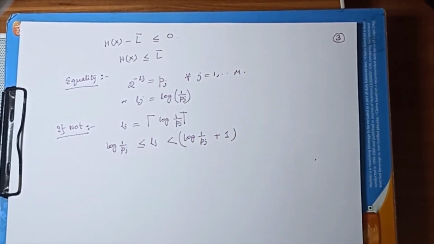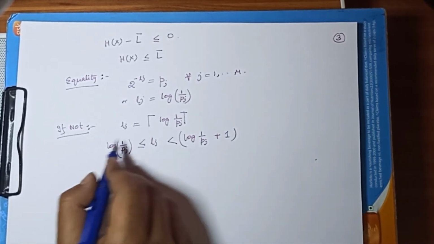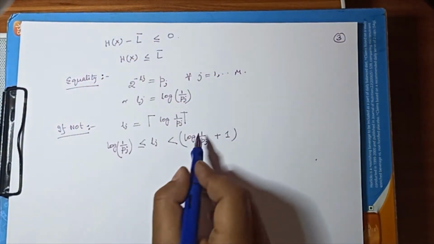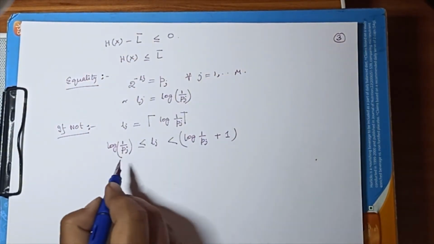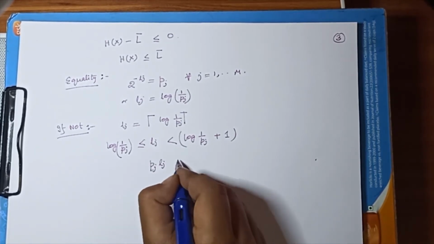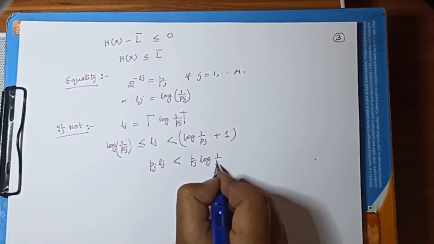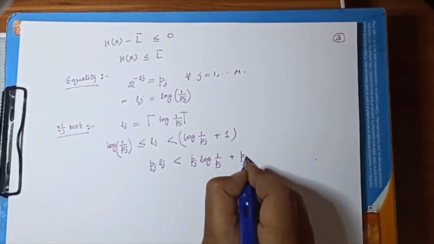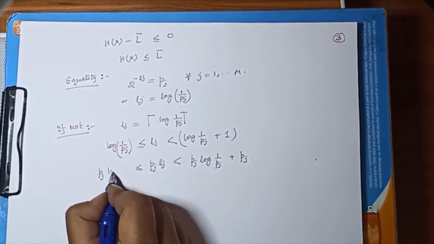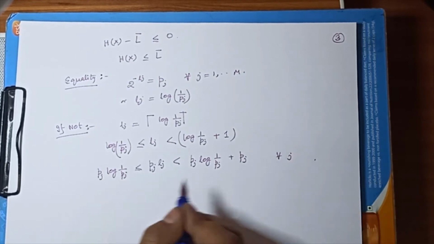That I can write always for whatever values of Pj. What we have established right now will give you the upper bound. So I will multiply this with Pj, which is a non-negative number, so this is correct, and this is true for all j, so I can take the sum.